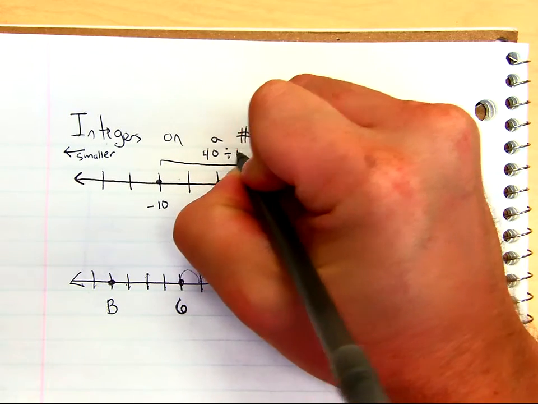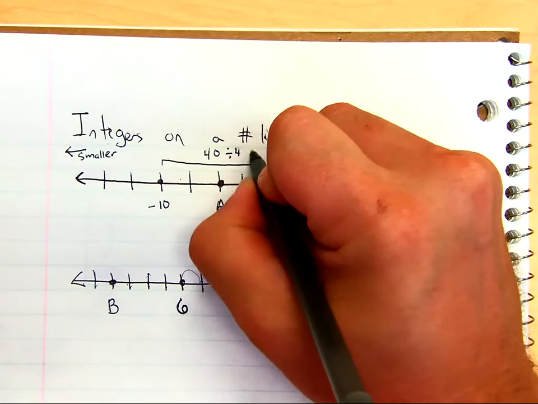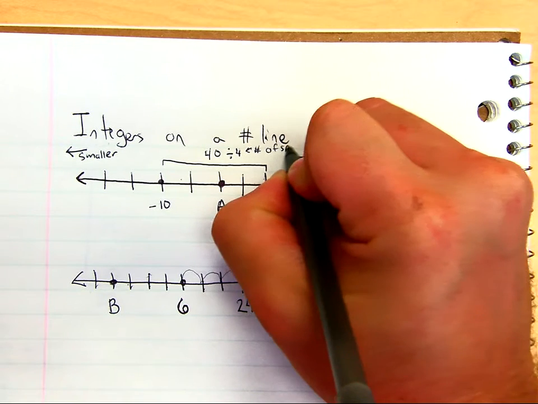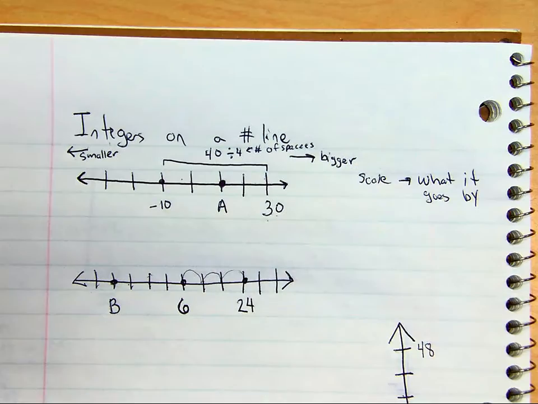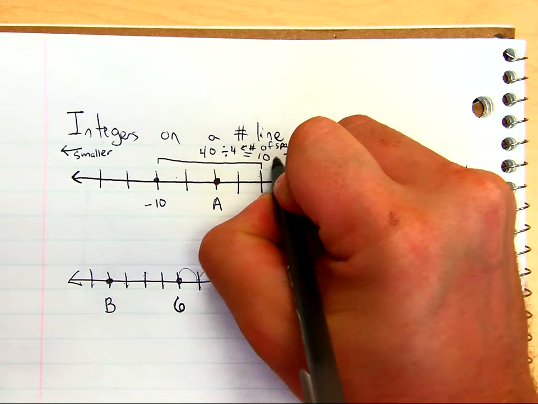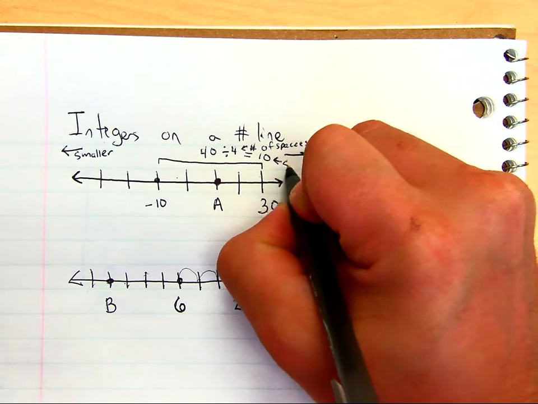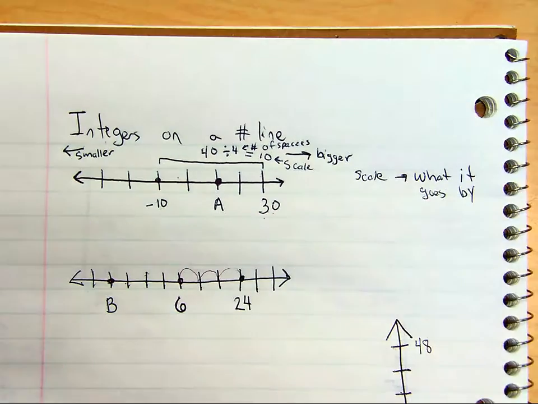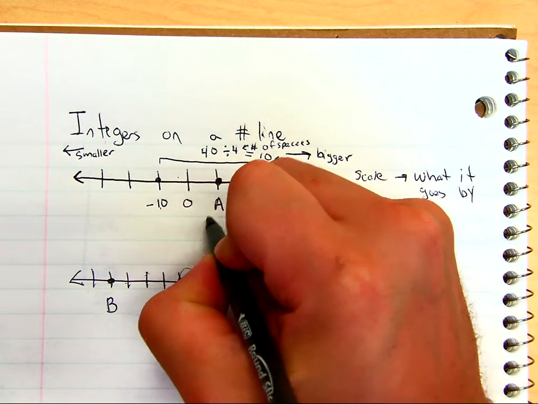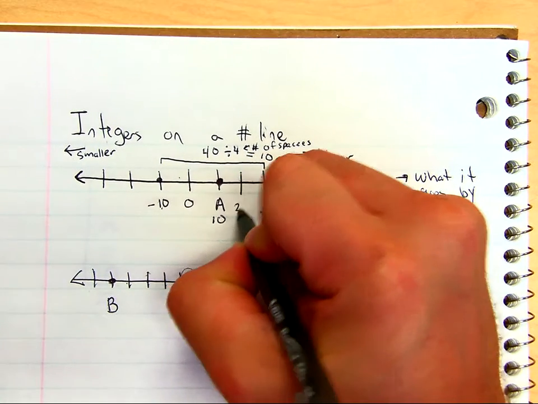So I'm going to divide it by 4 again, because that's the number of spaces between, and that gives me 10, which is telling me the scale. That's what each one is worth. So then plus 10 would be 0, and then 10, and then 20.